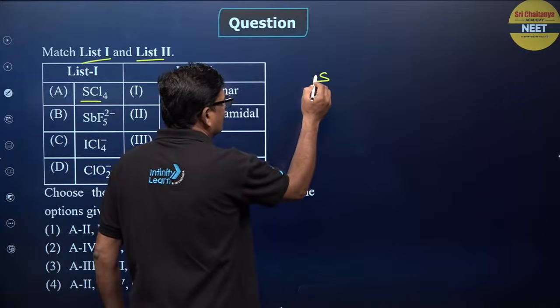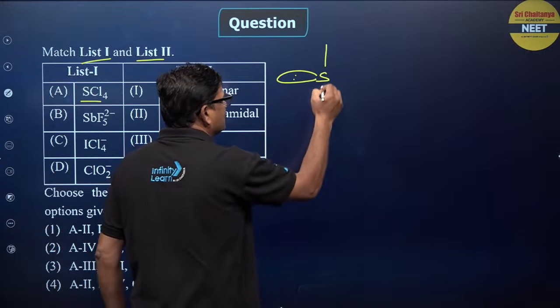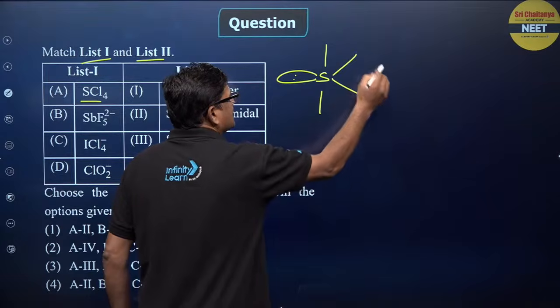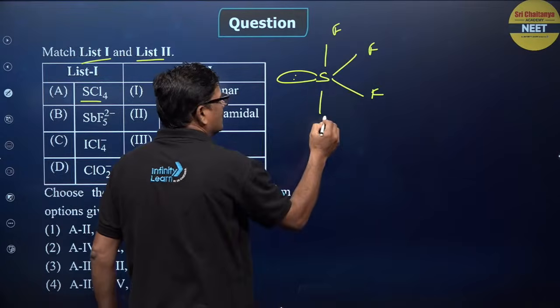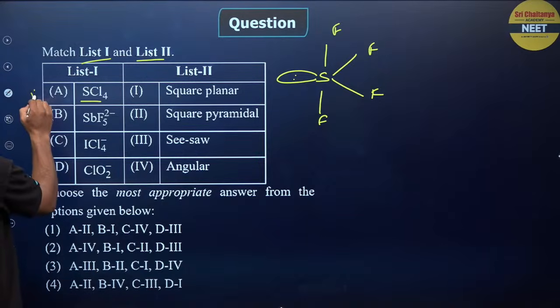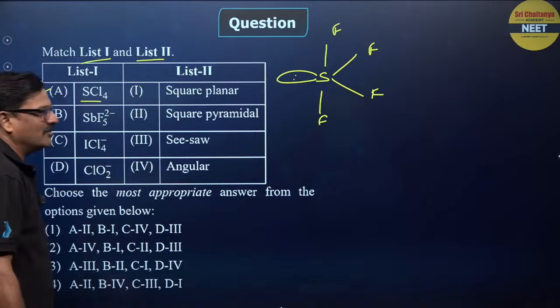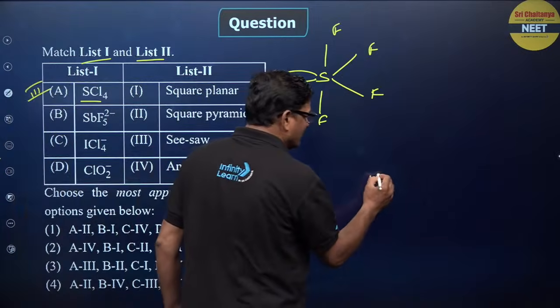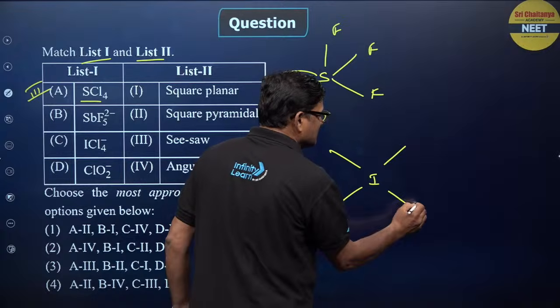Sulfur is going to have sp3d hybridization, with fluorine and fluorine like this. So it is going to be seesaw structure. It is going to be seesaw structure 3. Okay, and ICl4. How do you say ICl4? I and Cl and Cl.